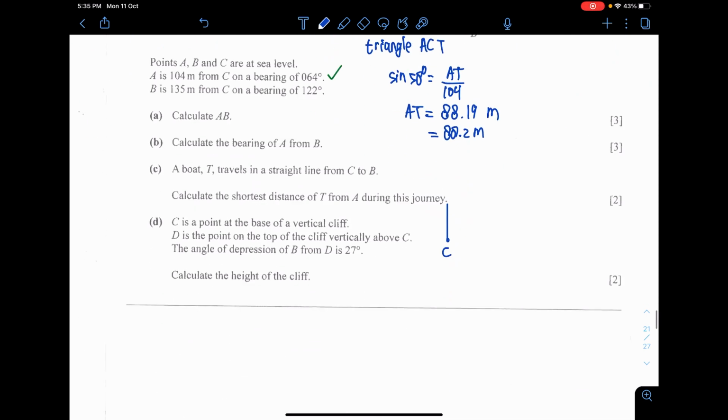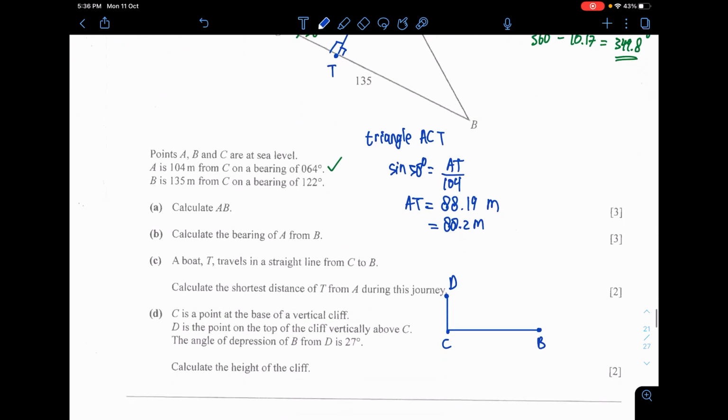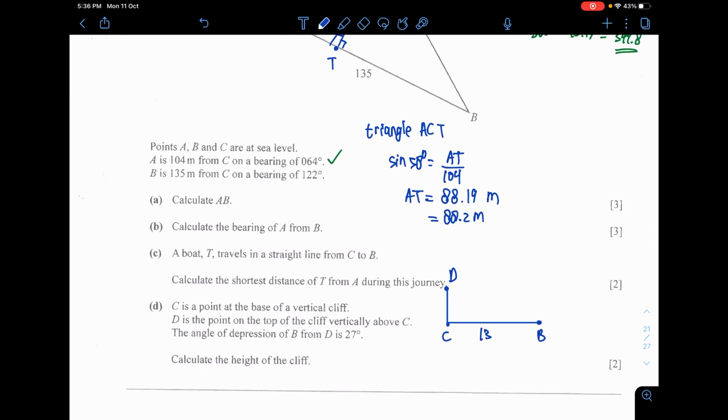So now I'm drawing it from the point of view of the ship, for example, someone on the same eye level as the ground. So C is on the base, D is the top of a cliff. Point B is somewhere apart from C. We know it is 135 meters. The question says that the angle of depression of B from D is 27 degrees.